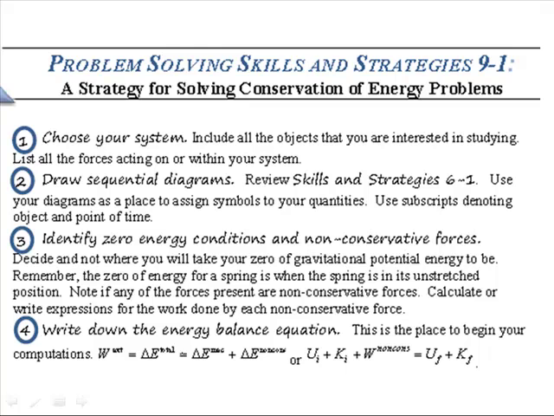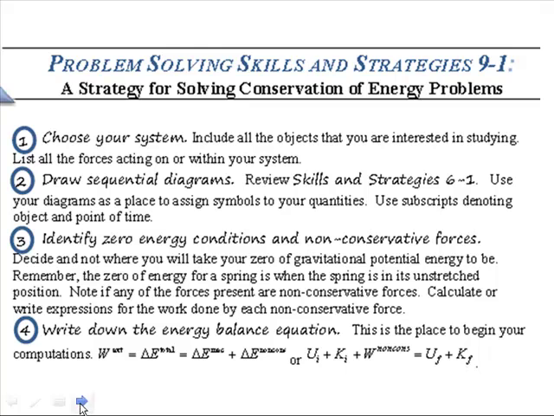And then we'll write down the energy balance equation that the external work equals the total change in energy, which is the change in mechanical energy plus the change in energy from non-conservative sources. Or in some situations, if there's no outside, we can say the total energy at the beginning, potential plus kinetic, plus whatever work is done by non-conservative forces equals the total energy at the end.